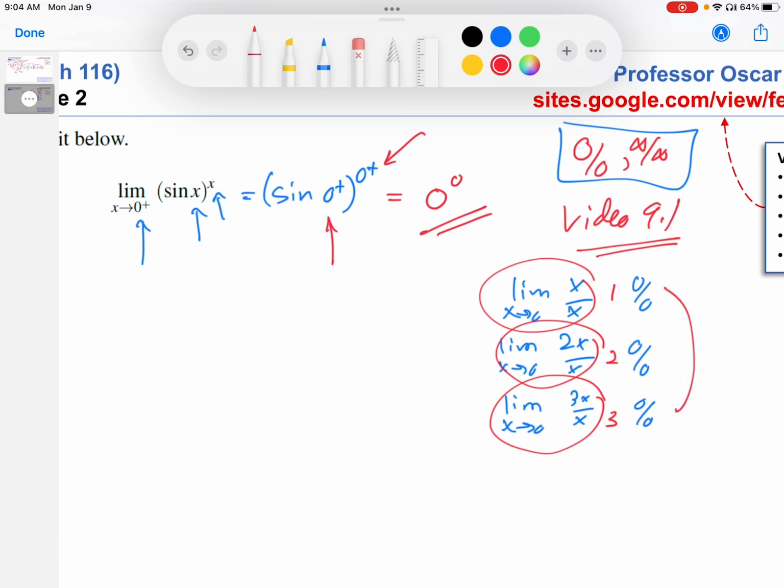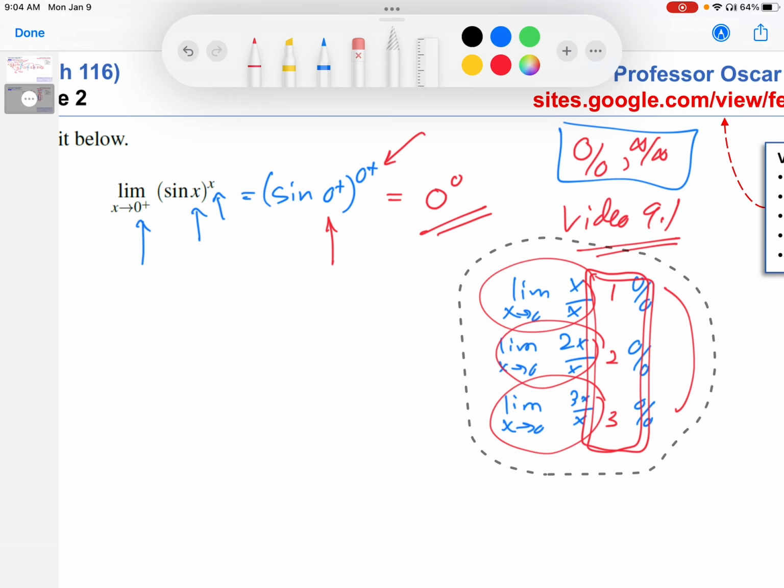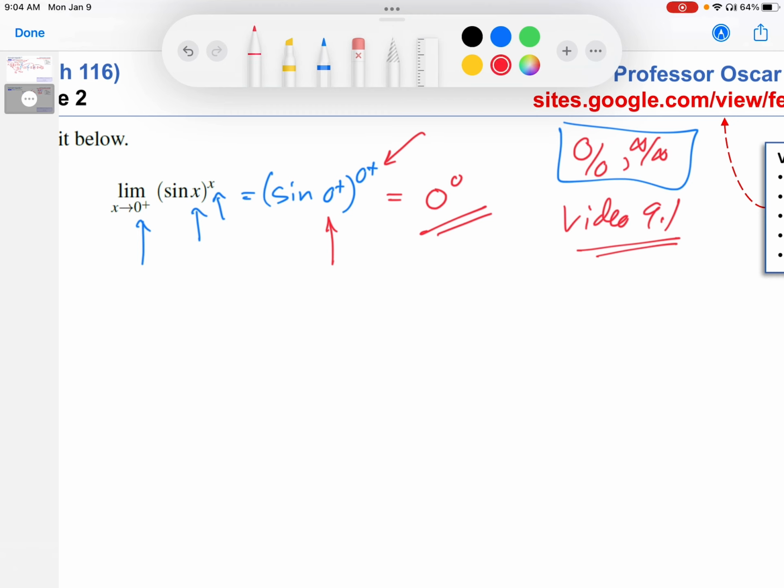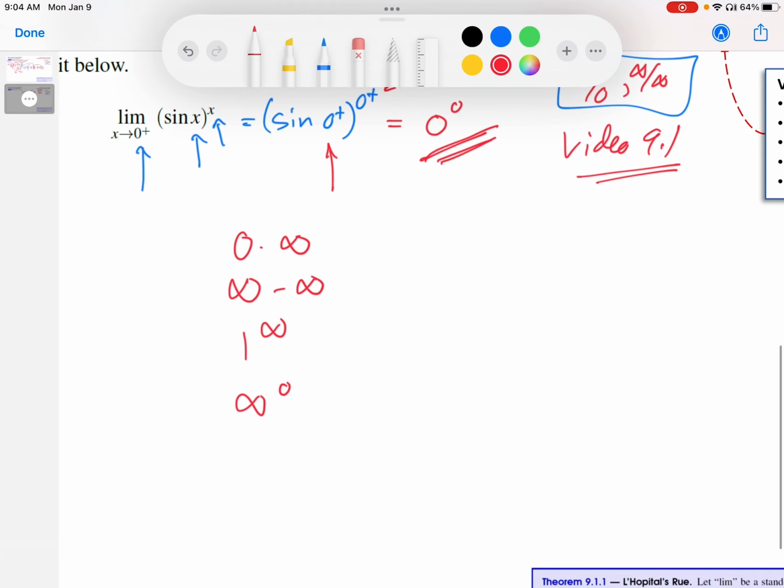You can't determine the value of the limit just by knowing that it tends to 0 over 0, because the value might be radically different based on the particular limit you're looking at. The same thing happens for infinity over infinity, and the same thing happens for 0 to the 0. In fact, here are other indeterminate forms that, if you see them in the wild, you should not stop and say, all right, this is the answer, because the answer might be different.